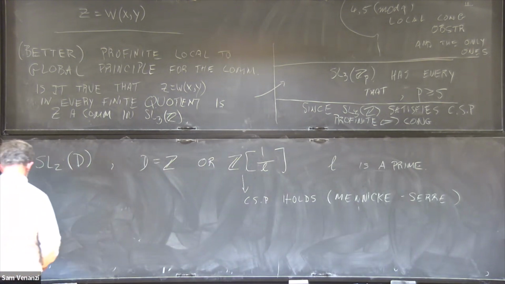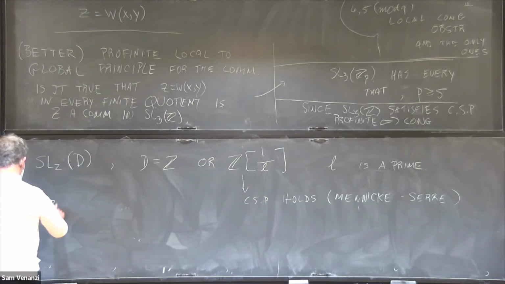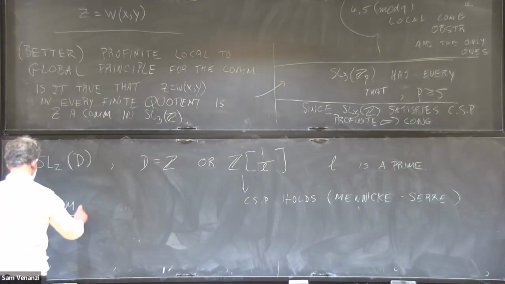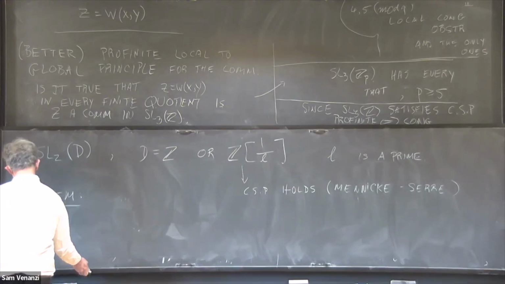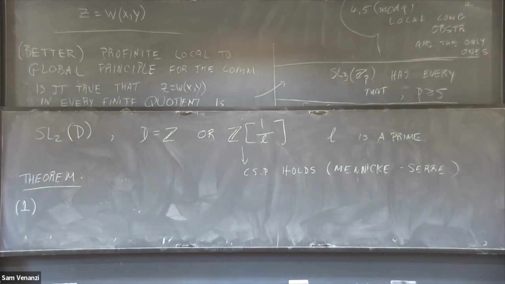Just the theorem. The 2 parts of the theorem. The first part is that SL2Z satisfies a profinite local to global principle for the commutator, and that will be a whole lecture by Chen next time.